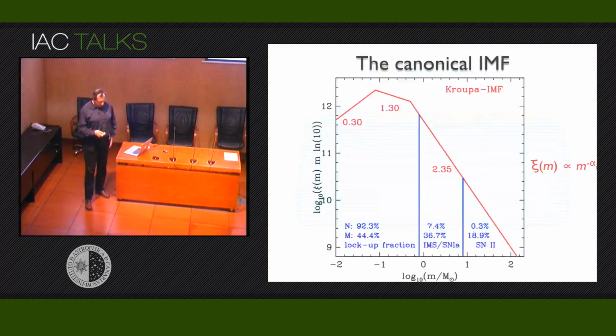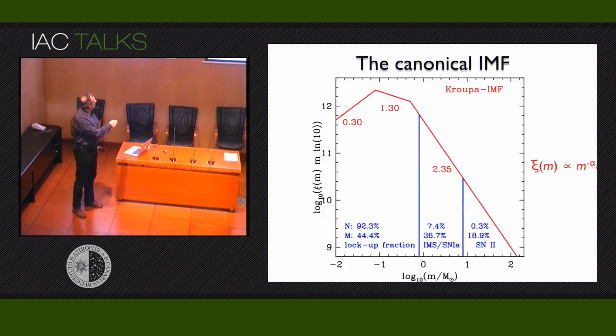And a typical picture of the IMF is shown here as the so-called Kroupa IMF. Here we have the logarithm of the stellar masses, and here the logarithm of the relative number of stars per stellar mass.